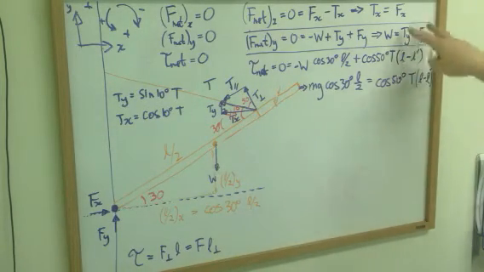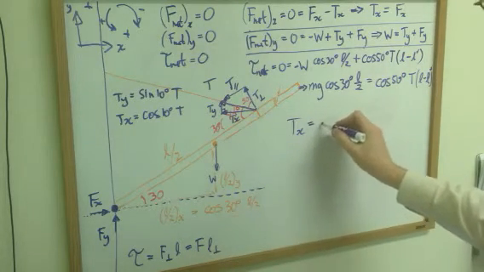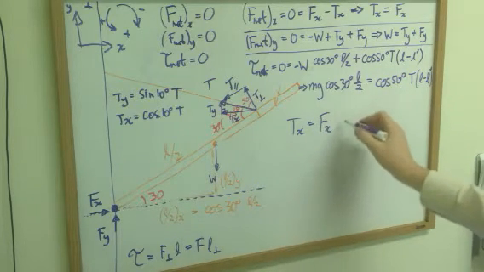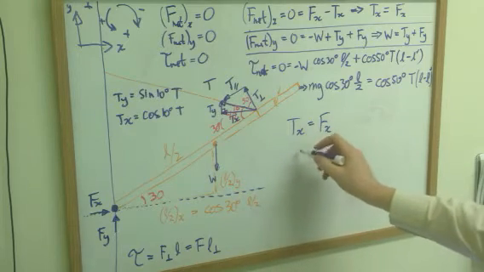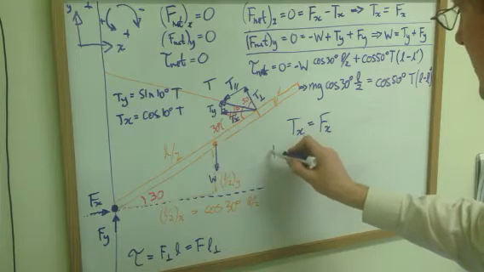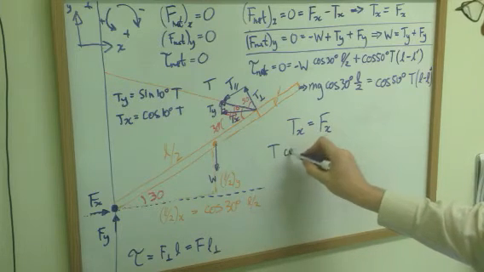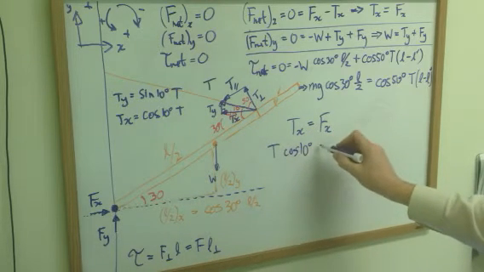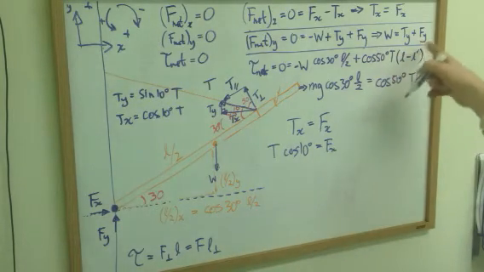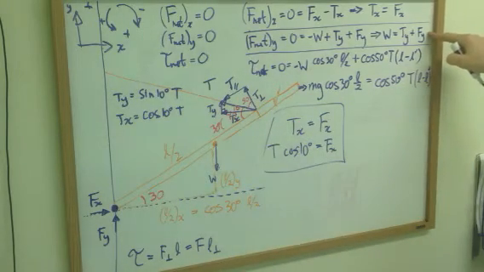So let's go right up here to the top. Tx is equal to Fx. Tx is equal to the tension times cos 10 degrees, since x is the adjacent side to that 10 degrees. So now we know Fx. Fy can similarly be found by this second equation here.